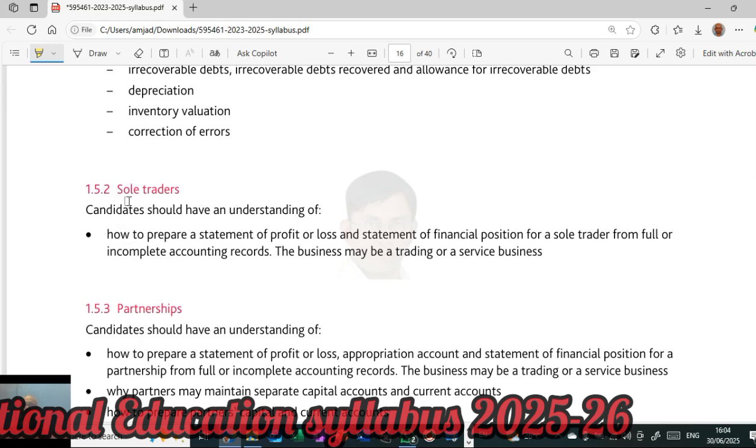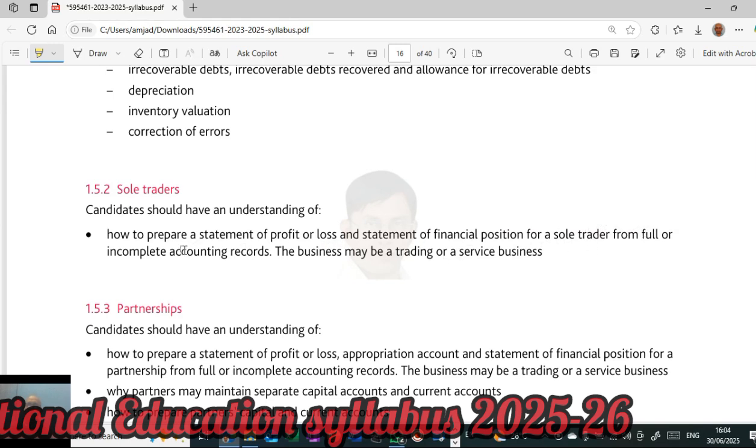For sole traders, candidates need an understanding of how to prepare a statement of profit or loss and a statement of financial position for a sole trader from full or incomplete accounting records. So from double entry as well as from incomplete records. The business may be a trading or service business. So you'll be learning how to prepare the profit and loss statement and financial position statement for trading as well as service businesses, with full or incomplete accounting records.